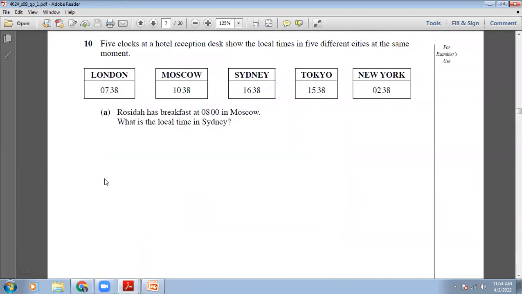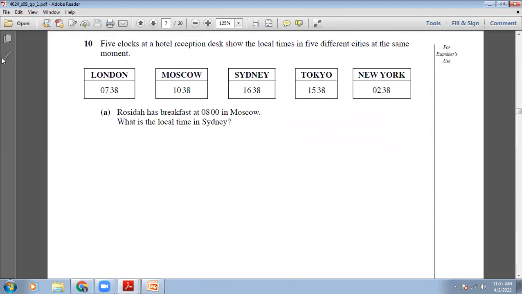5 clocks at a hotel reception desk show the local times in 5 different cities at the same moment. London 7:38, Moscow 10:38, Sydney 16:38, Tokyo 15:38, New York 2:38. Rosida has breakfast at 8 o'clock in Moscow. What is the local time in Sydney?